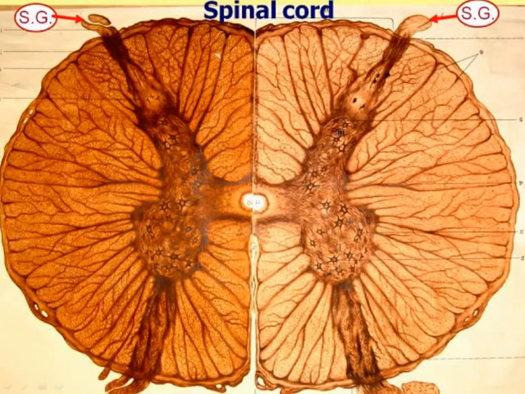Posterior roots are composed of myelinated nerve fibers, bundles of axons of sensory neurons of the spinal ganglia. In the center, you can see the central canal lined by ependymal cells.